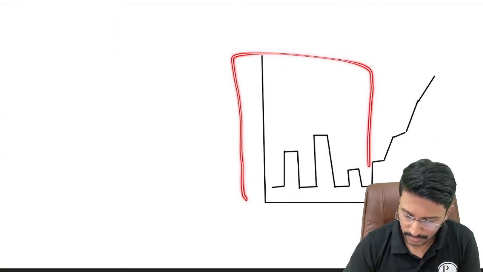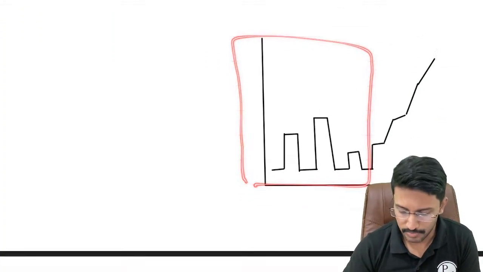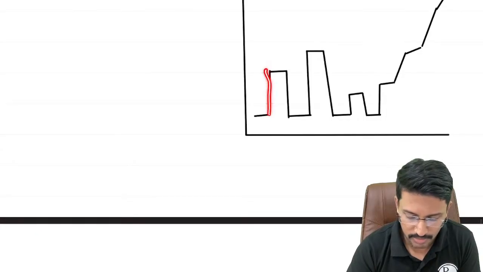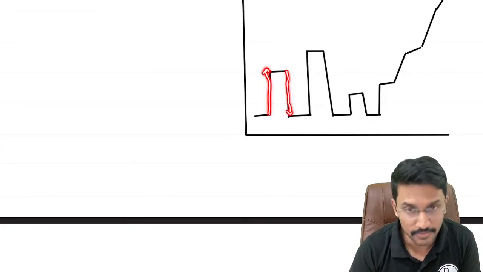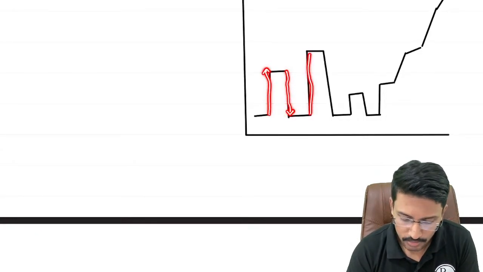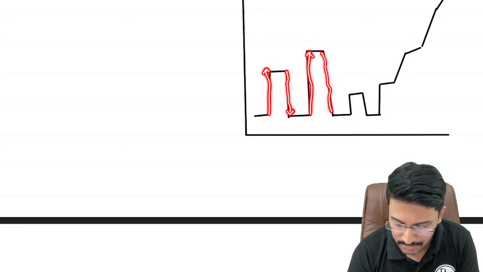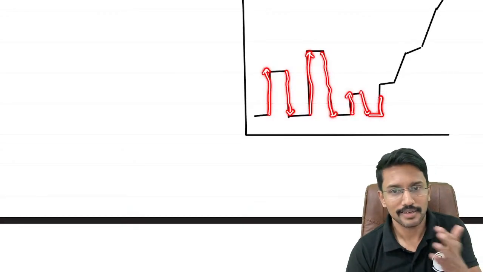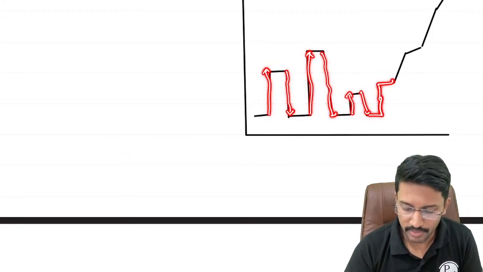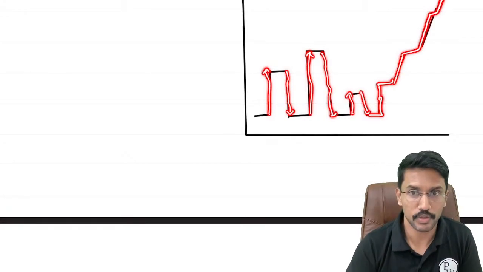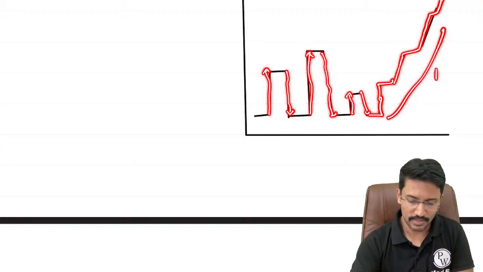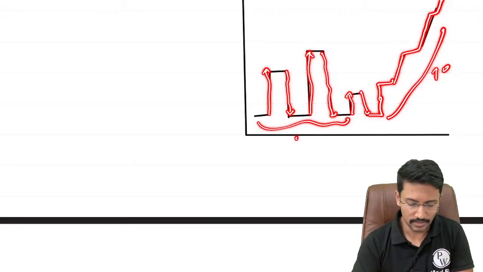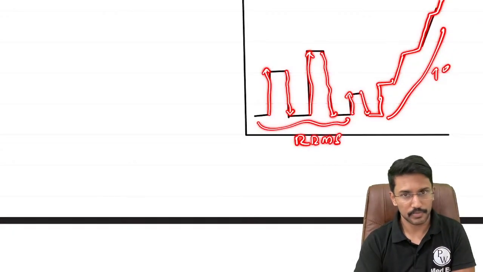The initial portion looks like the relapsing and remitting type, right? Every time there was a demyelination, disability increased, but there was recovery, that's why disability came back to baseline. So in the beginning it was behaving like relapsing and remitting, but after some time, recovery did not happen, right? He started becoming more and more disabled after every new episode of demyelination. So this part looks like primary progressive, and this part looks like relapsing and remitting type.